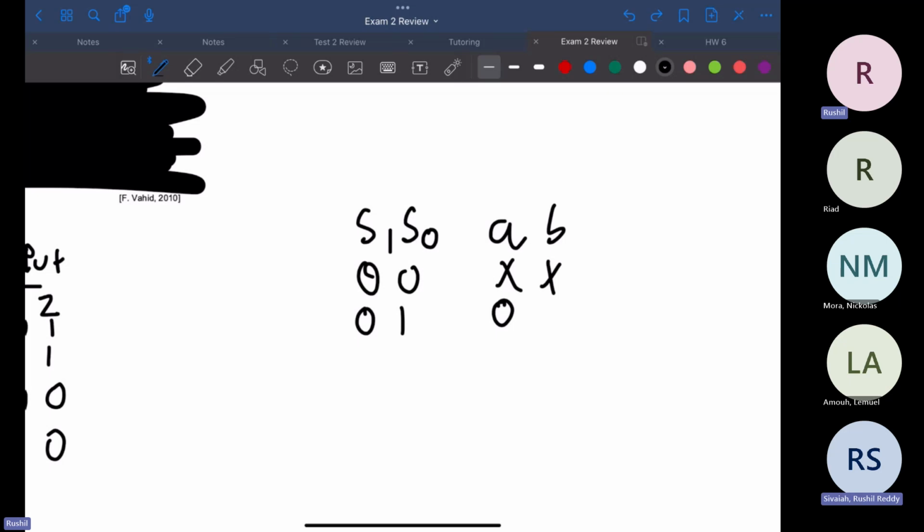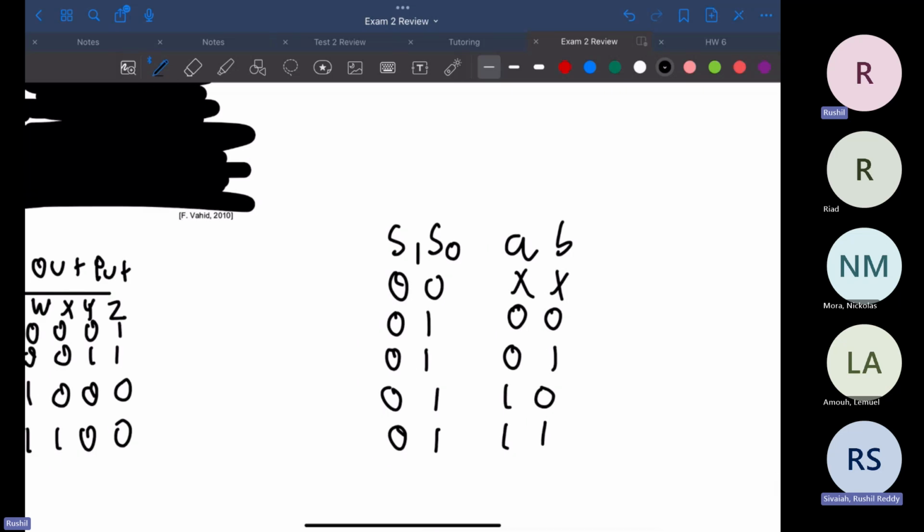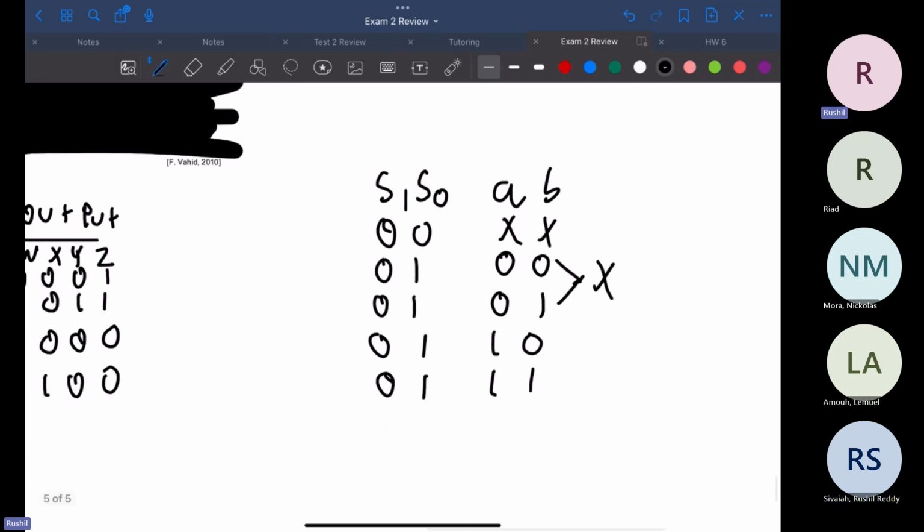So if we do this, we know that if A equals 0, we stay where we are. So with both of those two, that can be turned into an X. And then for these two, I'll change this to stay, and for this one, it'll be move. We'll move to the next state.